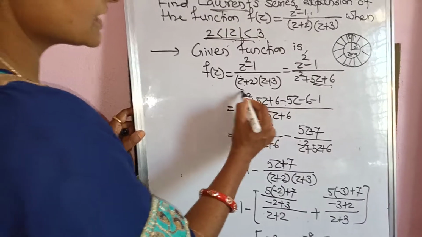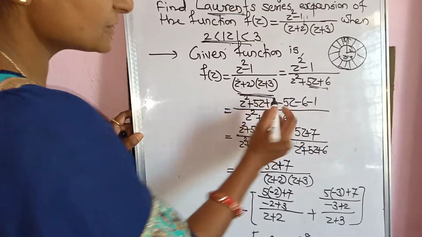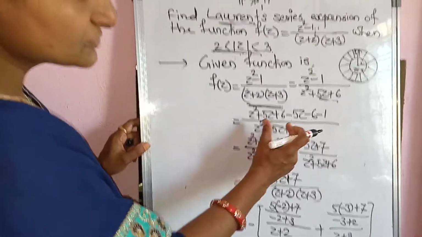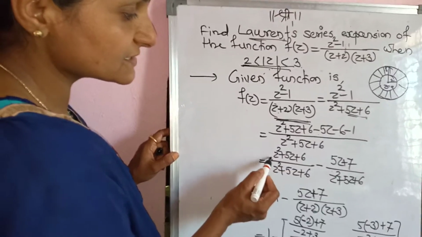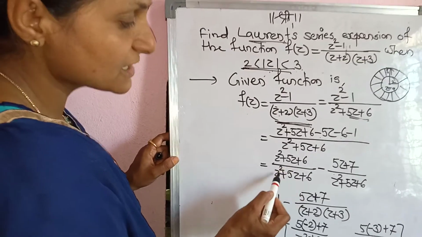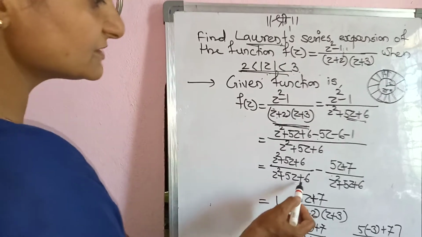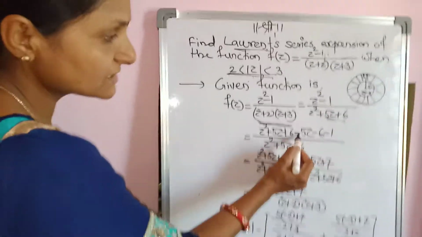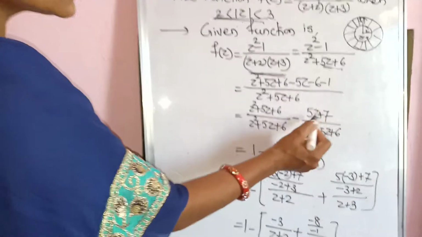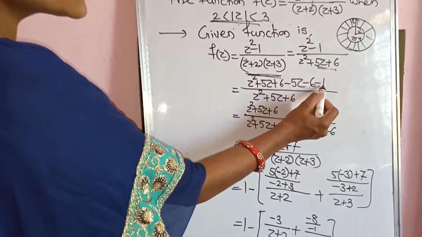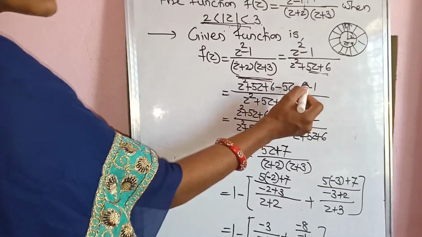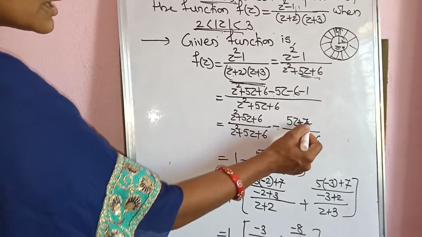Now I will consider z square plus 5z plus 6 as one function. So I have separated it, written as (z square plus 5z plus 6) divided by (z square plus 5z plus 6), and taking the minus sign common, the remaining term 5z plus 6 plus 1 is 5z plus 7.